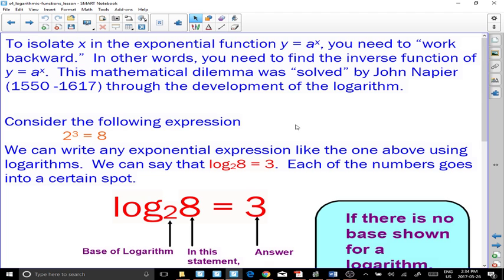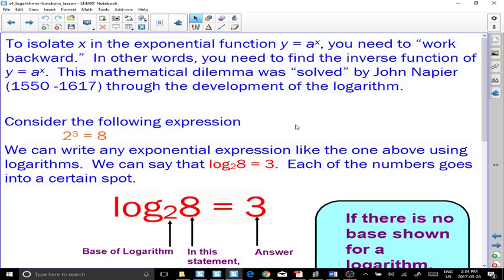In other words, you need to find the inverse function of y equals a to the exponent x. This mathematical dilemma was solved by John Napier, who lived from 1550 to 1617, and he developed the logarithm. So he is credited with developing this very important mathematical concept.